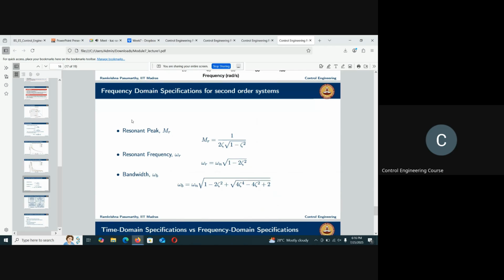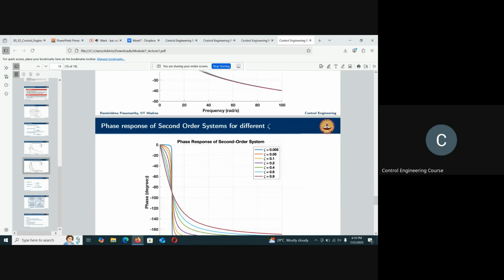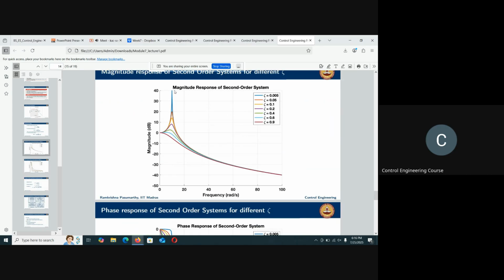Like in the step response, you have three parameters for a second order system, right? Like that for frequency response, you have three parameters for design. One is the resonant peak, the other is the resonant frequency, and the other is the bandwidth. The resonant peak is basically the magnitude of the peak value that you see here.